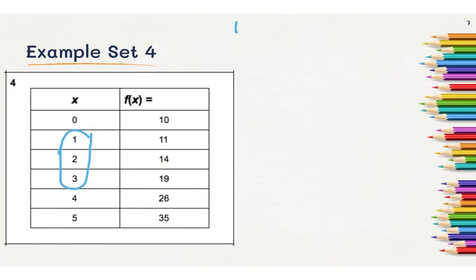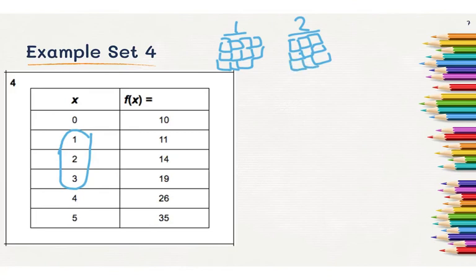All right, so I am trying to build it like a square. 1, 2, 3, 4, 5, 6, 7, 8, 9, 10, 11. Okay, so the first term has 11. The second term has 14. So I'm just going to do this. 1, 2, 3, 4, 5, 6, 7, 8, 9, 10, 11, 12, 13, 14.